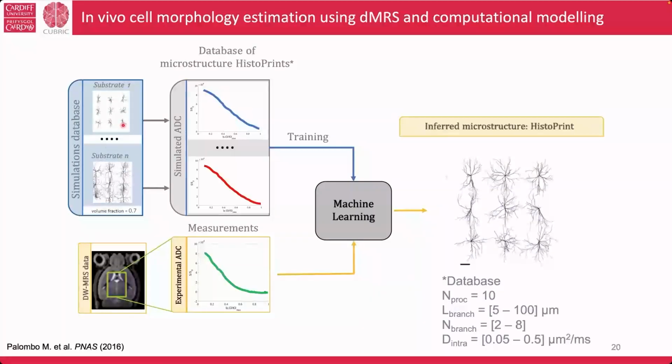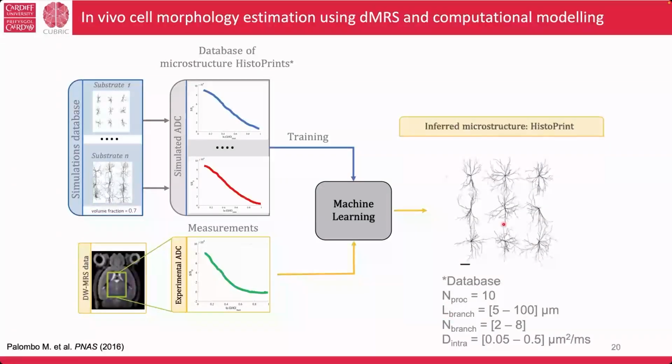And we built a generative model that accepts as input a few microstructural parameters, which are the number of projections radiating from the soma, the length of the branch of each projection, how many times they bifurcate, and the diffusion coefficient of the molecules we want to probe with the diffusion MR. And then if you feed this into the model, it generates copies of thousands of individual cells, all respecting these particular priors on their morphology.